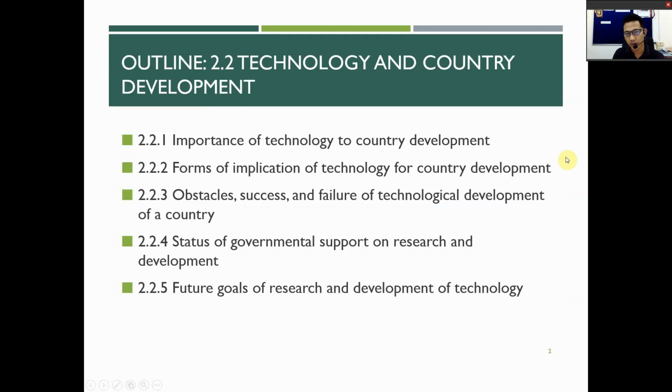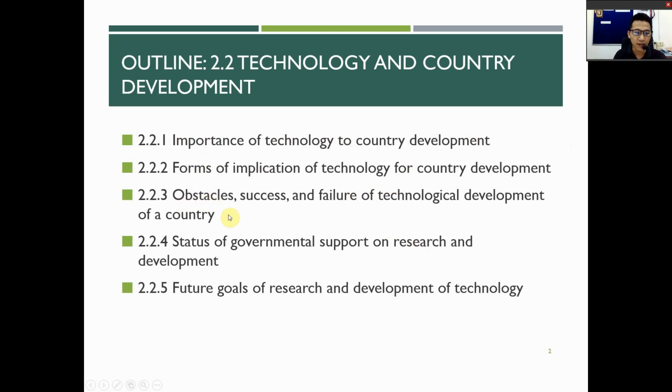This is the topic of 2.2, which is technology and country development. It is composed of, first, the importance of technology to country development. Secondly, forms of implication of technology for country development.